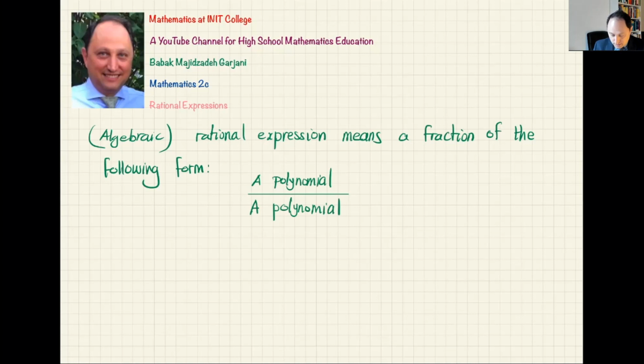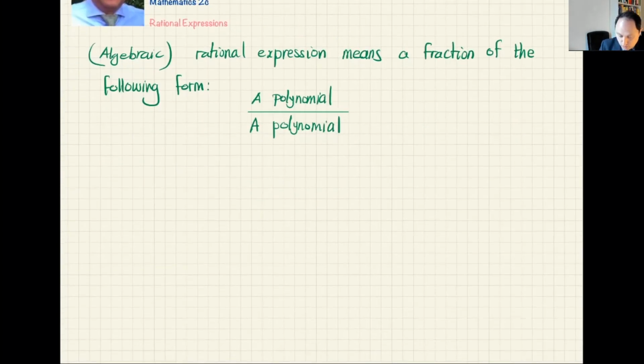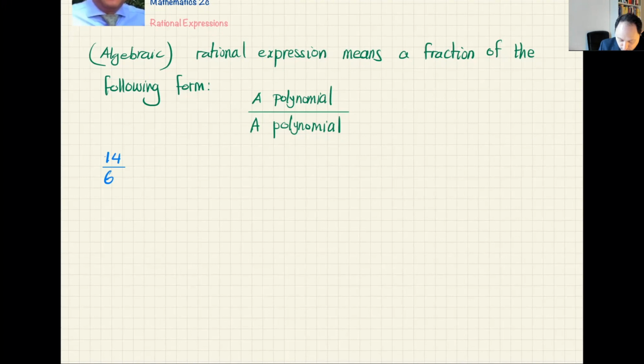Let me go back to the very elementary lesson. If I give you a fraction of numbers, not just polynomials, of course numbers are also a specific form of polynomials in which no variables are involved. Say, for example, 14 divided by 63.